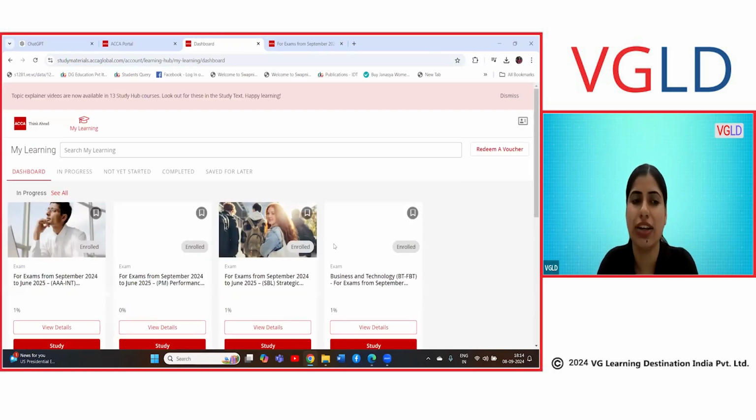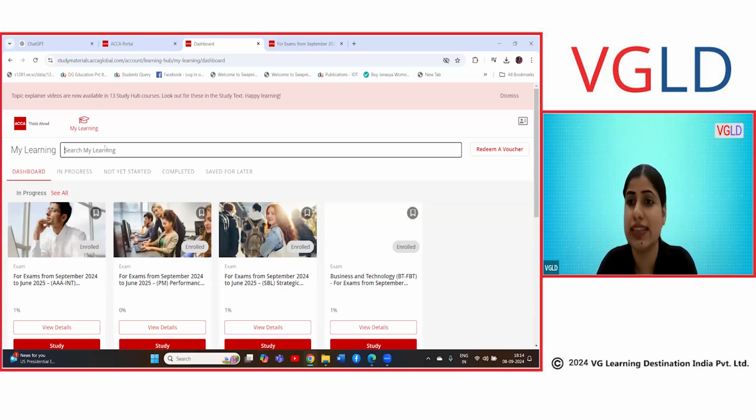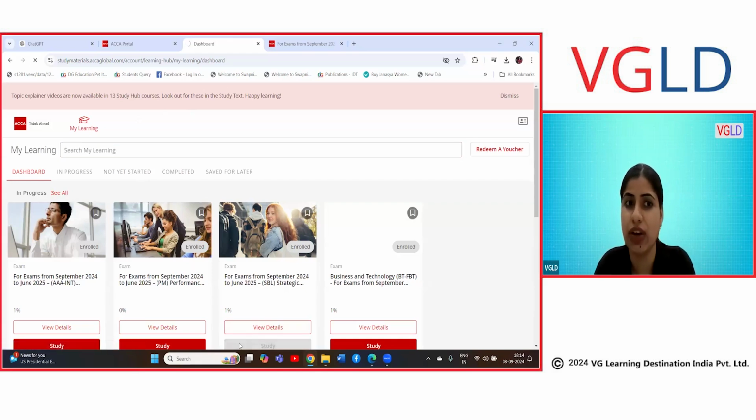So this is our official ebook by ACCA. This contains details of each and every single subject area. Like in our area, we have SBL. So you just have to click on the subject which you want. And after logging in, you will get detailed information about topic areas.